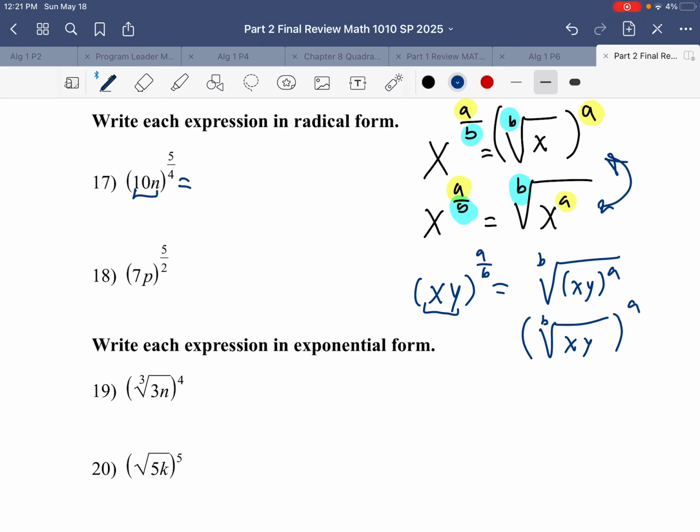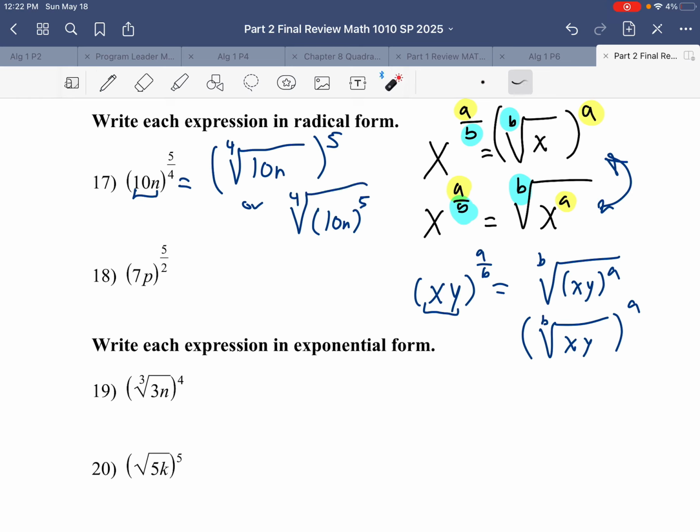So in this example, we can write this like the fourth root of 10n raised to the fifth, or 10n raised to the fifth, then take the fourth root. When working with numbers, sometimes it's easier to take the radical first and then figure out how we could raise it to a power.